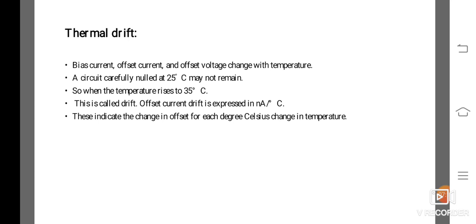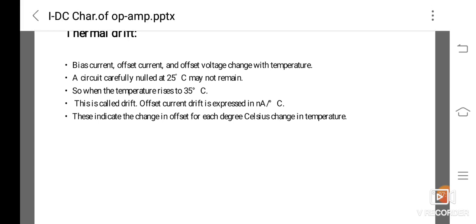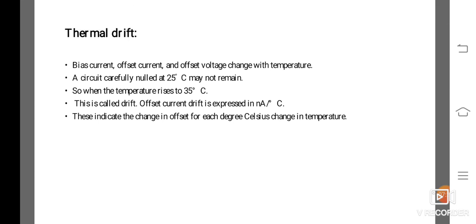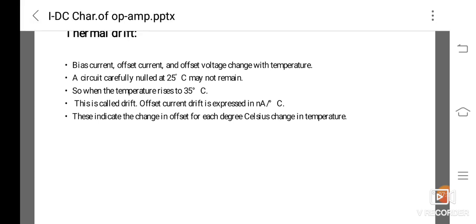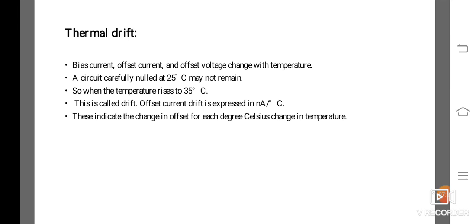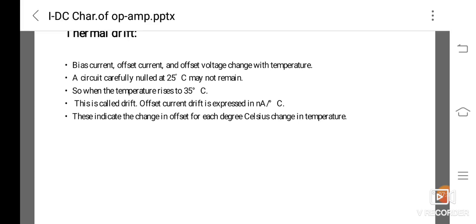When the temperature rises to 35 degrees Celsius, this is called the drift. The offset current drift is expressed as nanoampere per degree Celsius, and this indicates the change in offset for each degree Celsius change in temperature.